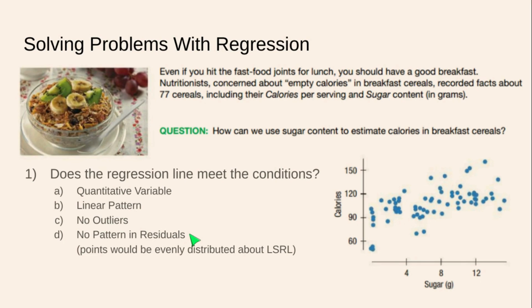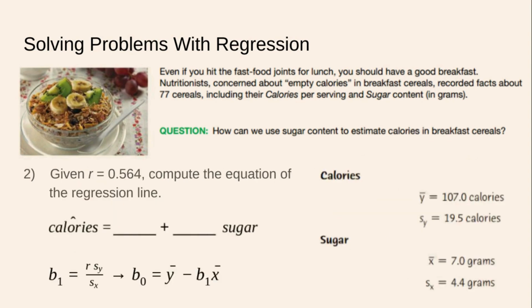But a good way to check to see if there's a pattern in the residuals is if we were to draw a regression line, would there be an even distribution above and below the line? And I would argue that there is. You fit a regression line through that, there's going to be about the same number of points above and below. No fanning pattern, nothing interesting going on there.